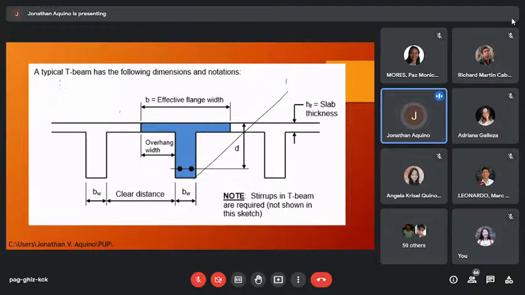So yung framing plan natin, simple na structure lang. Ito yung framing plan natin. Okay. So this span length, if we are going to consider this middle beam, ito yung span length niya. So the clear distance between edges of the framing beams, ito yung L.